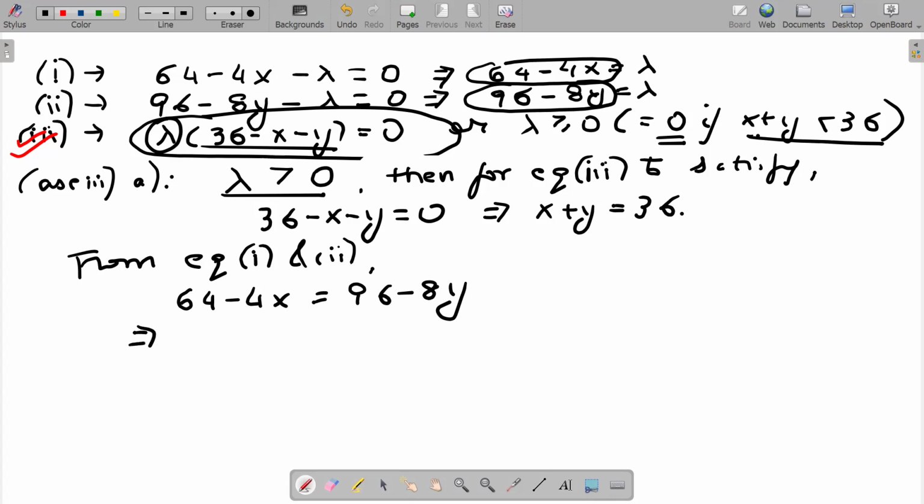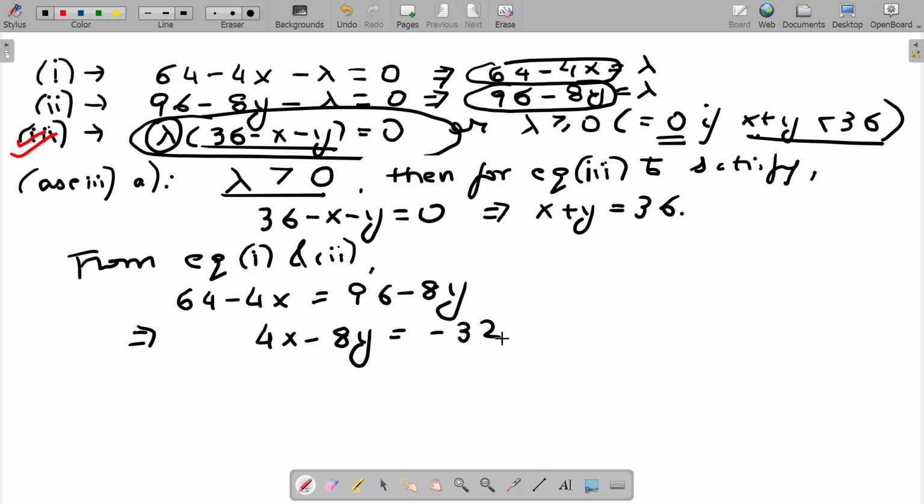So what do I get? I get 4x minus 8y is equal to 64 minus 96. How much is 64 minus 96? It comes out as minus 32.